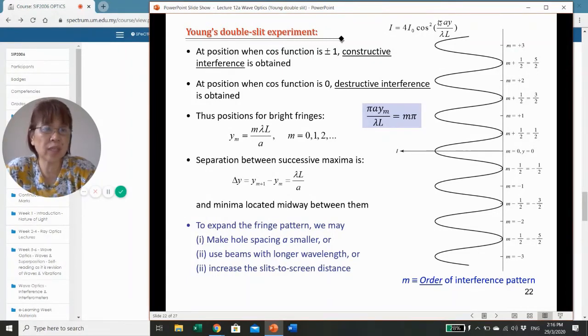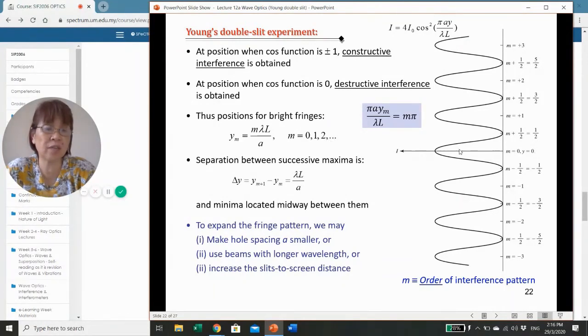For the bright fringe, the cosine of this term goes to 1 when pi a y, where y represents the position of the mth fringe, divided by lambda L, equals integer multiples of pi. So pi cancels, and you have ym equals m lambda L over a, where m can be 0, plus minus 1, plus minus 2.